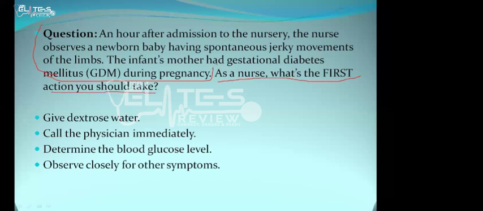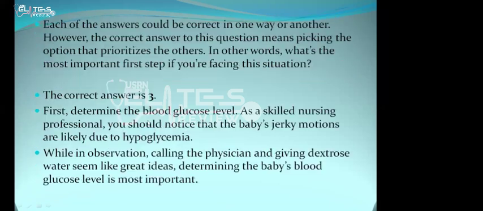All these things were given to you so that you get a clue of what is happening. So let's pay attention to it. The answer is check blood glucose level. Who doesn't understand this? So that is the rationale and the answer.